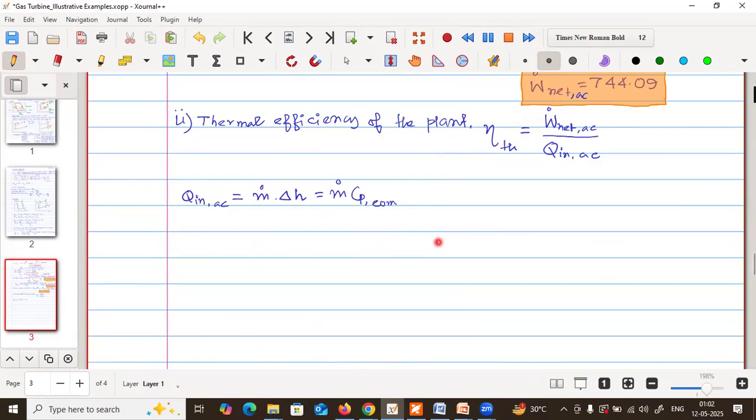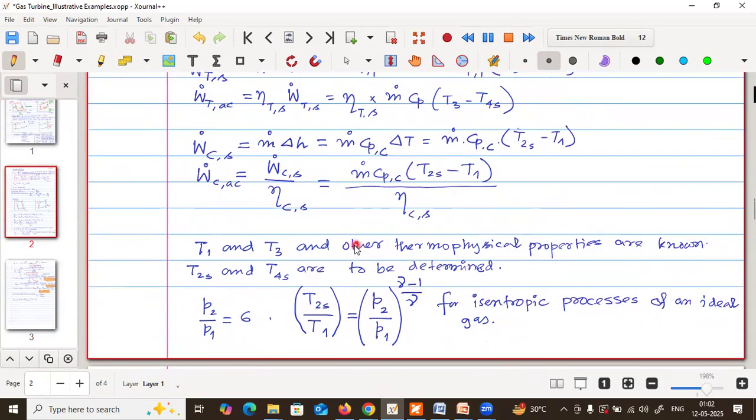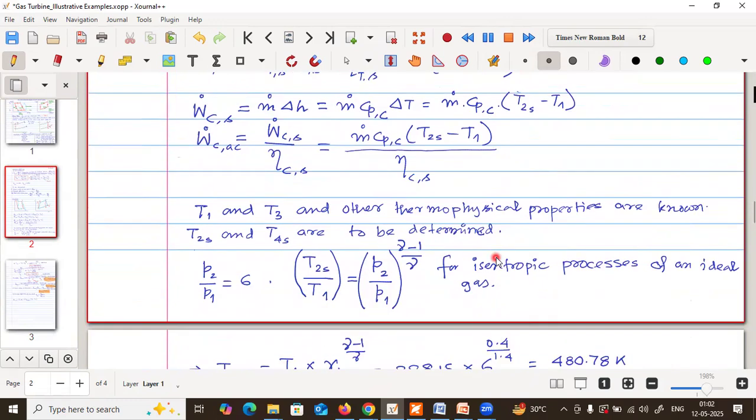This is called combustion, multiplied by the change in temperature, that is T3 minus T2 actual. Okay, now we do not know yet what T2 actual is. We have determined T2 isentropic here.